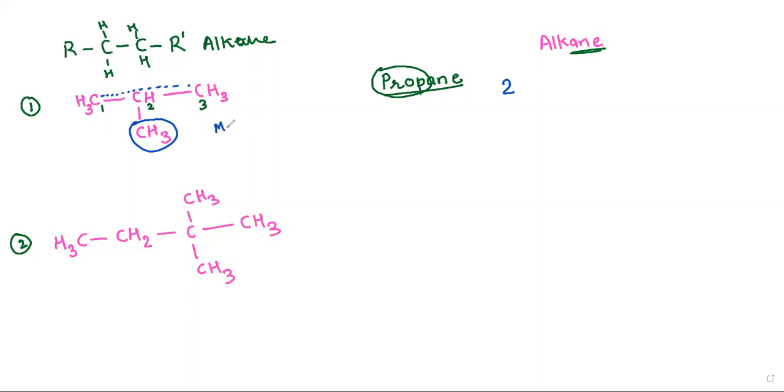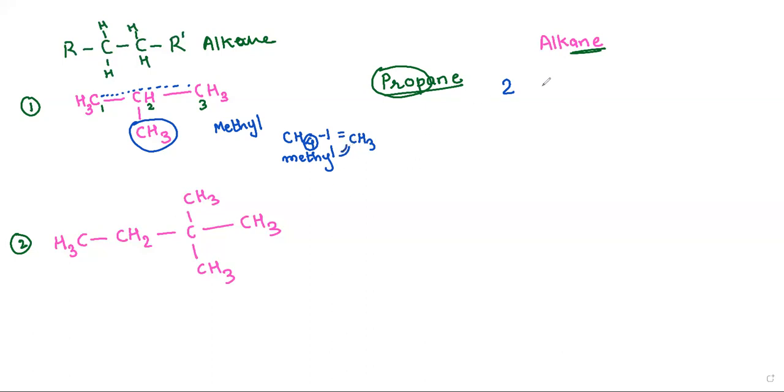Now, why is this called a methyl group? The reason behind it is, see, the formula CH4 is named methane. If you have one hydrogen less than methane, then you call it a methyl. So you just subtract 1 from 4, okay? You will get CH3, which is nothing but the methyl group, right?